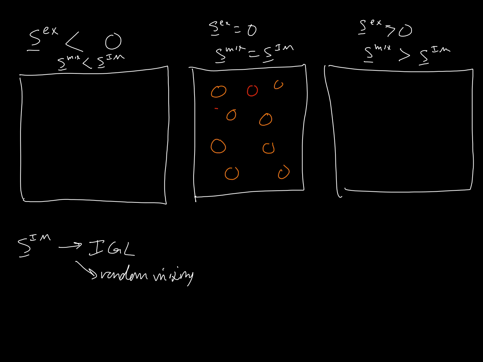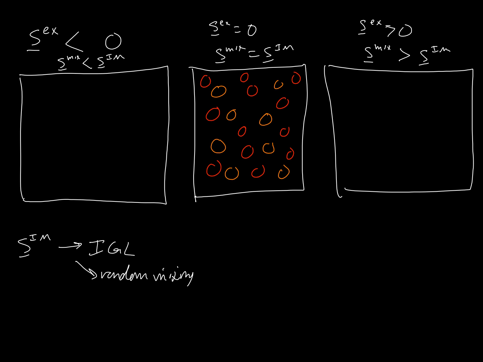Everything just goes wherever it wants to. There's no correlation in positions. If I were to reach my hand into any position and grab a molecule, who knows what I would get? It would just be proportional to the mole fraction. So that is no excess entropy of mixing. This is ideal entropy of mixing.